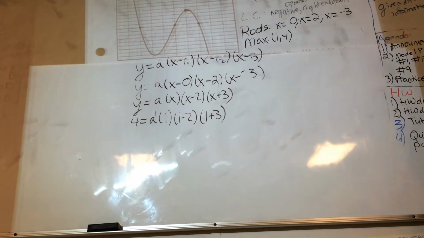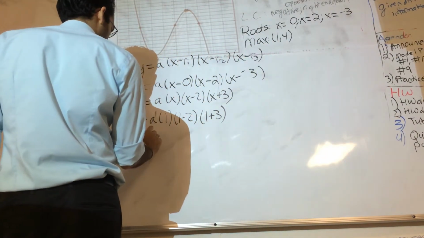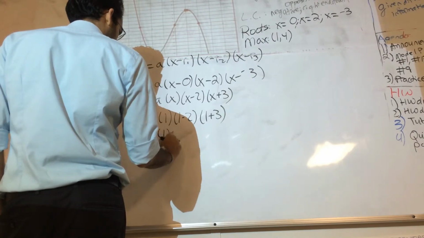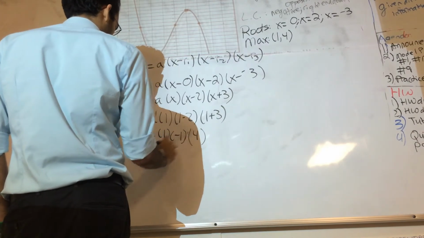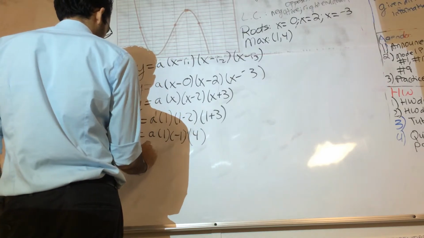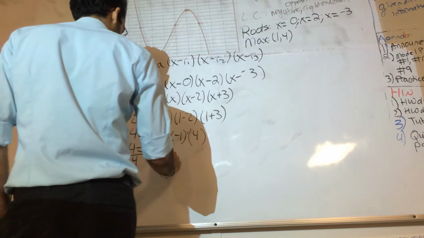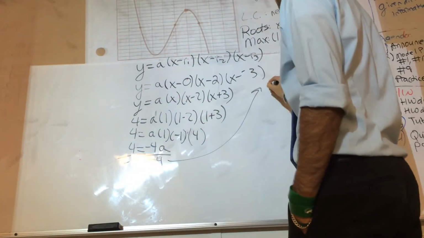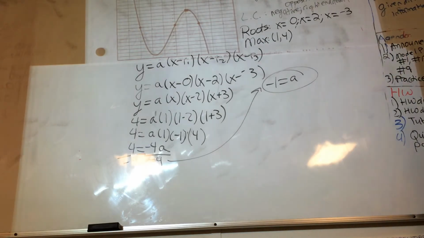Here we are. I'm going to just keep plowing through. So I got my A value here.